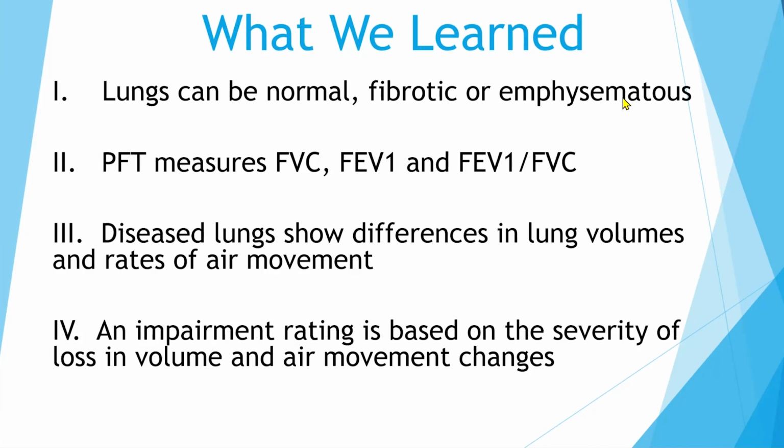And remember that we had that slide, and go back and look at it if you want. The green was normal. And then we had the fibrotic lung that was out to the right, and the emphysematous lung that was out to the left. And remember that you shift to the right and left of normal based on the quality of the lung tissue because of the dynamics of the air inhalation and exhalation that it creates.